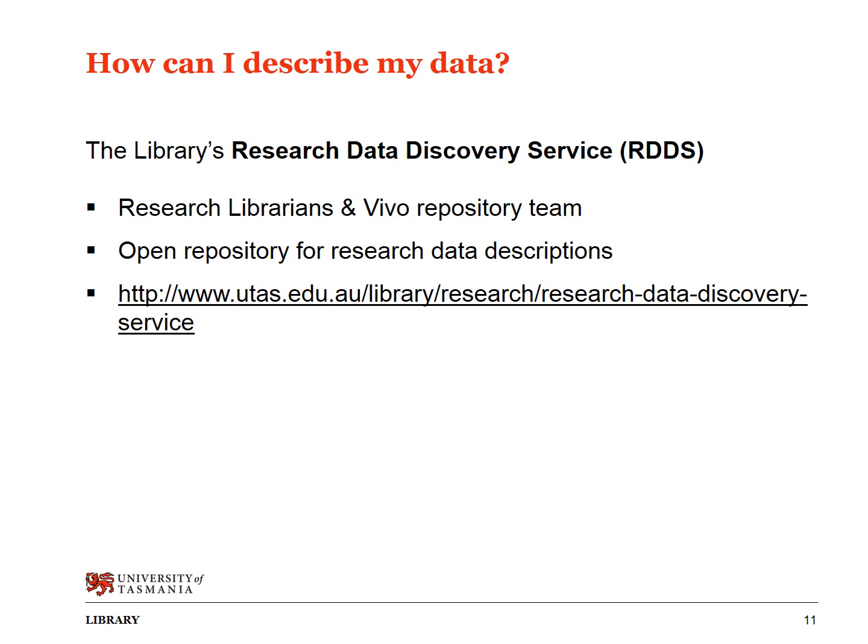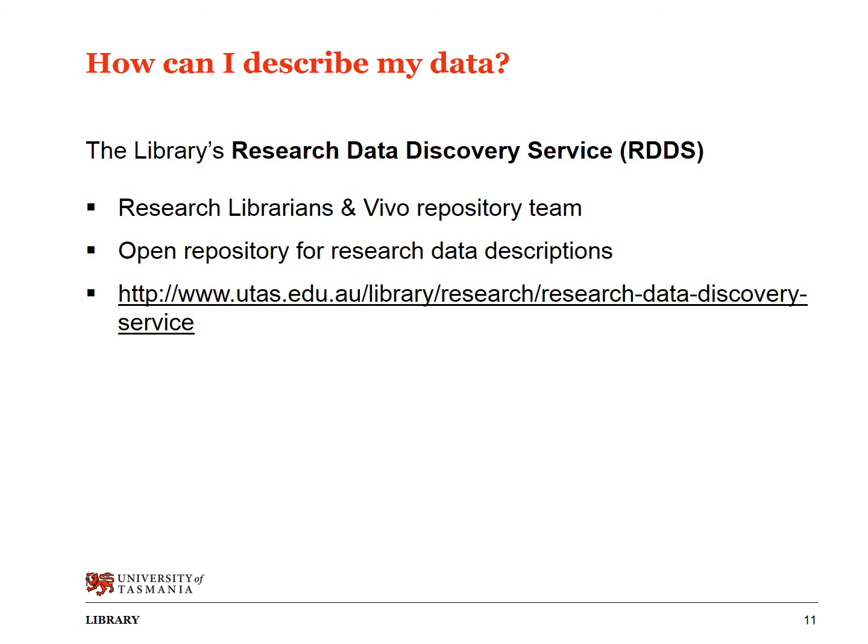Okay, let's now talk about how you can actually do it and where you can publish these data descriptions. So the library provides a research data discovery service, RDDS for short, and it's provided by us, the research librarians, and also there is a Vivo repository team as well.